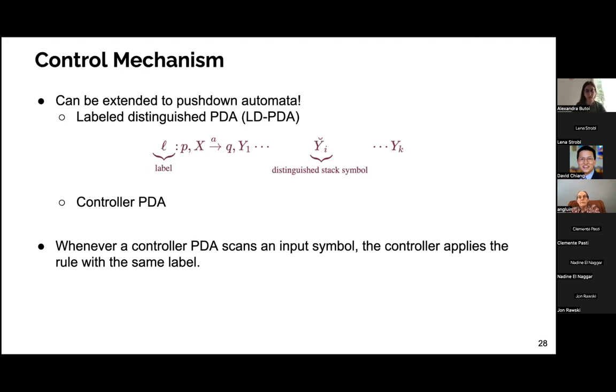So each transition of the PDA has a label, which is L, and on the right-hand side, this PDA pops a symbol, and it can push new stack symbols, and among them there is at most one that is a distinguished stack symbol. And if you have a controller PDA, whenever the controller PDA scans an input symbol, it applies the same rule of the control E, so the rule with the same label.